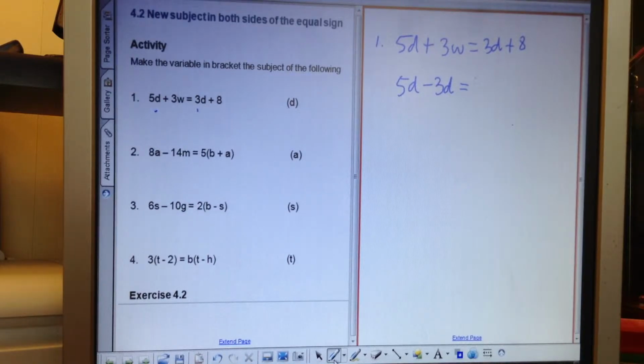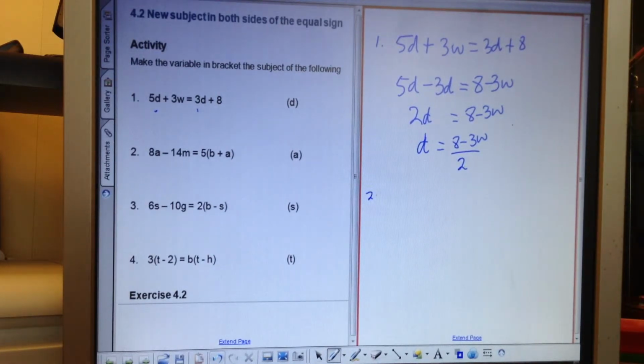So we're going to have 8 minus 3W. That means that our 2D, if we simplify this, we get 2D. That means our 2D equals 8 minus 3W. Hence, D will be equal to 8 minus 3W over 2.